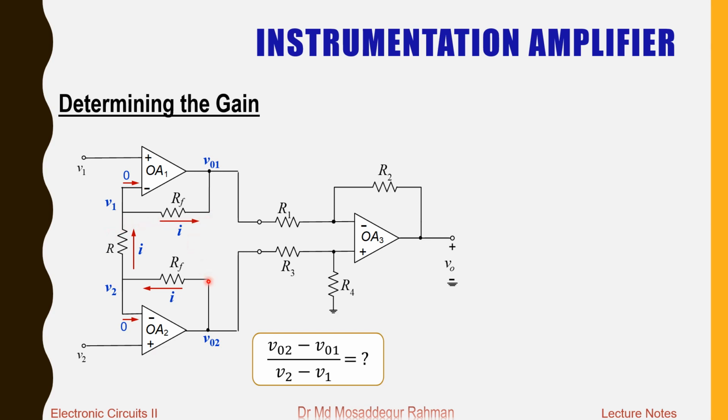Now we know the current that is flowing through this series combination of these three resistors, and so we can determine the voltage difference V02 minus V01 as the current times the resistance.